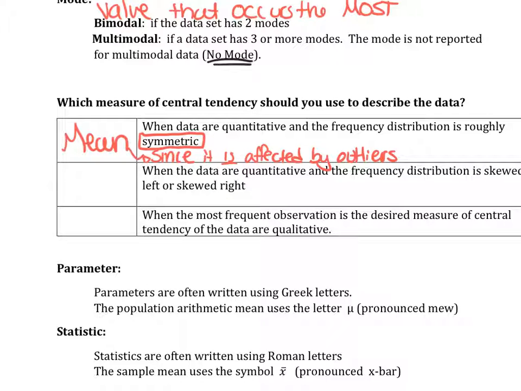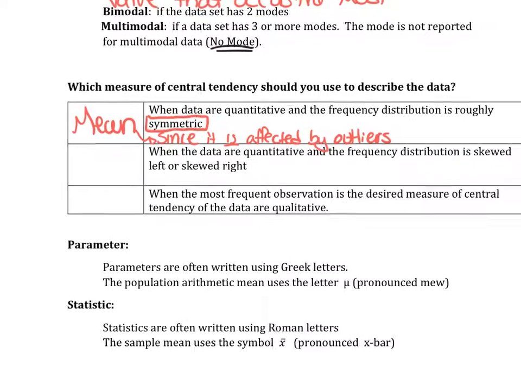So since a symmetric distribution wouldn't have any outliers, it's nice and even, nice and normal. We can use mean effectively to describe the center.